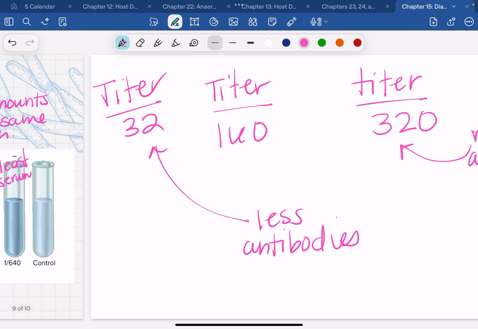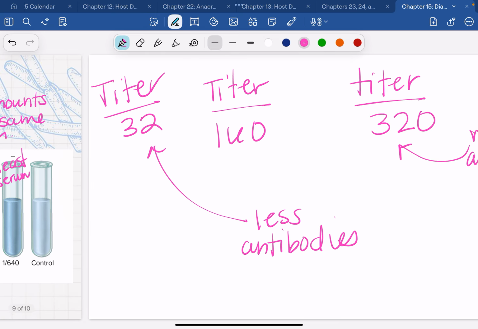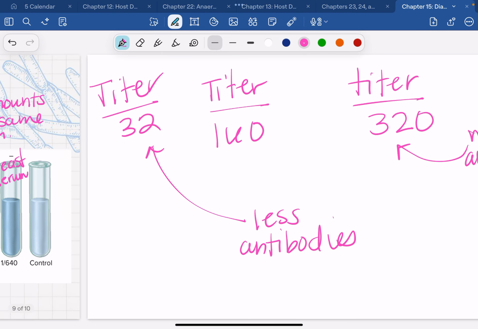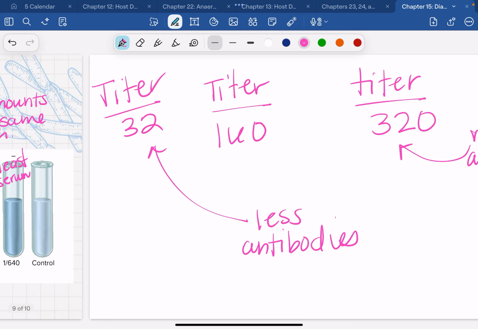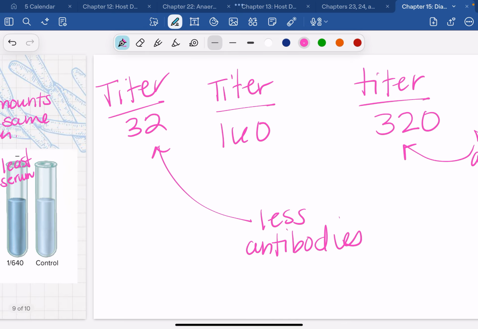Is that up or down? Up. They are getting more antibodies. That means the amount of antibody that they're producing is going up, which means that they are in the active part of their infection.